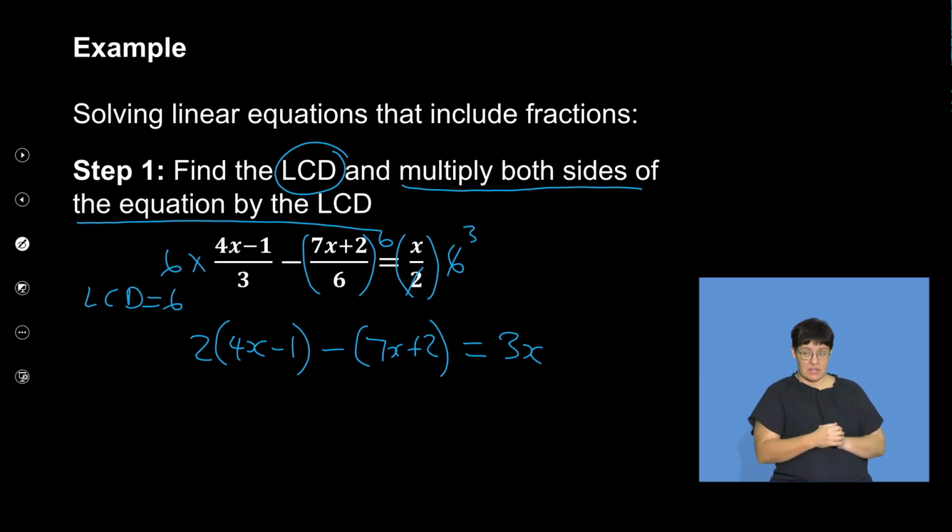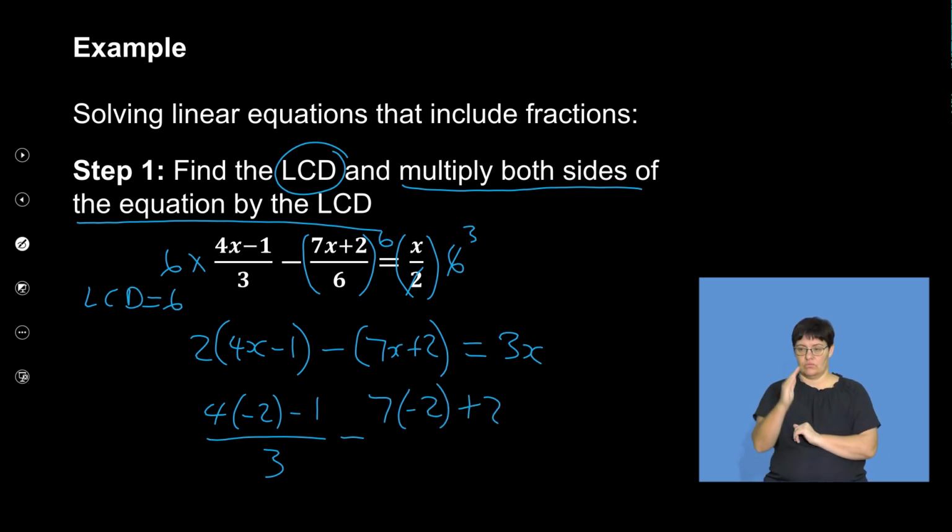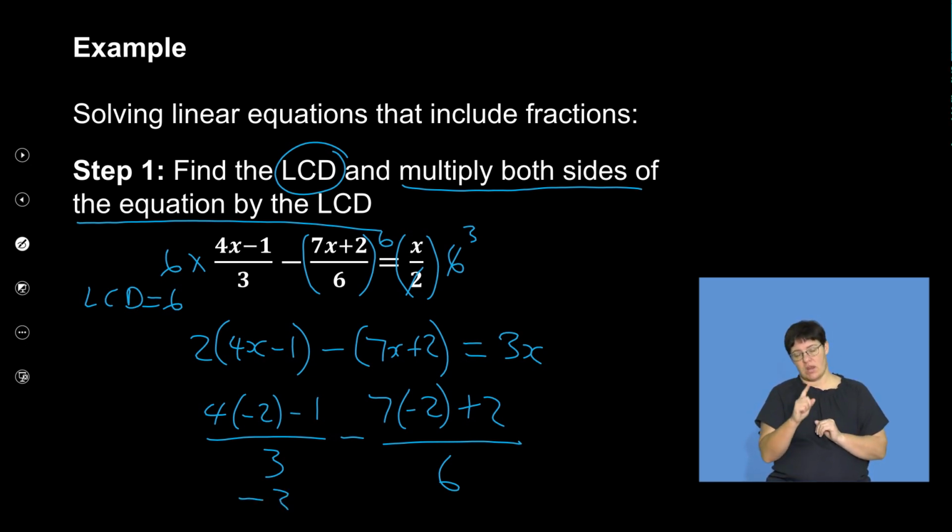If I substitute the negative 2 there, it will give me 4 into negative 2 minus 1 over 3 minus 7 into negative 2 plus 2 over 6. If you simplify this quickly, the 4 multiplied by negative 2 will be negative 8. Minus 1 is minus 9. So it will give me negative 3 as my answer there. 7 by negative 2 is 14, which is a negative, plus the 2 is minus 12.